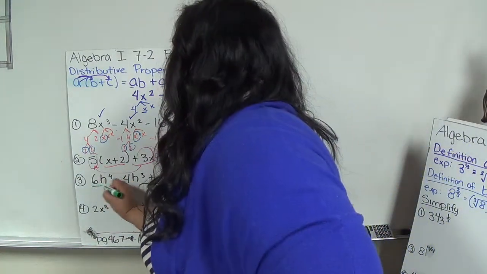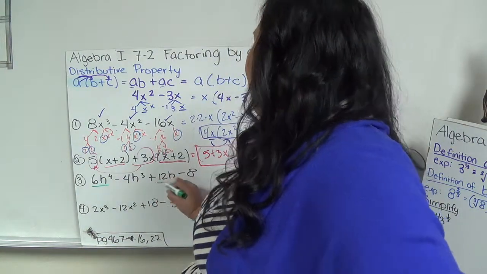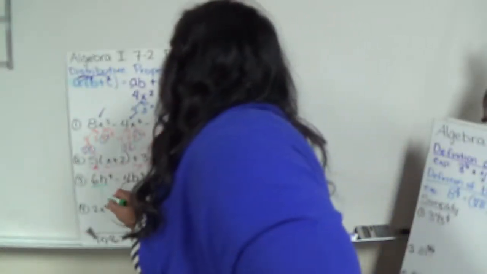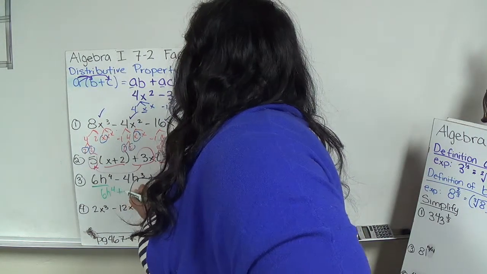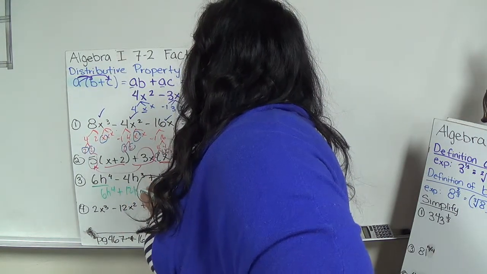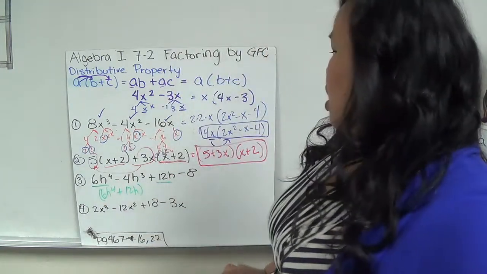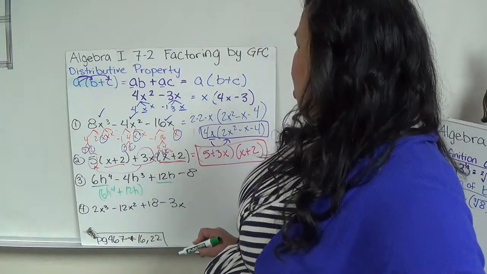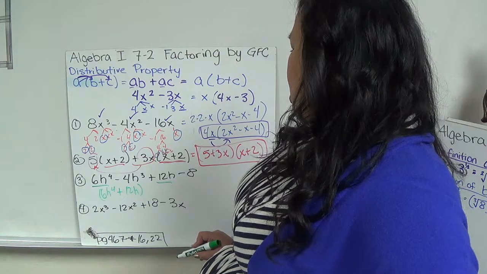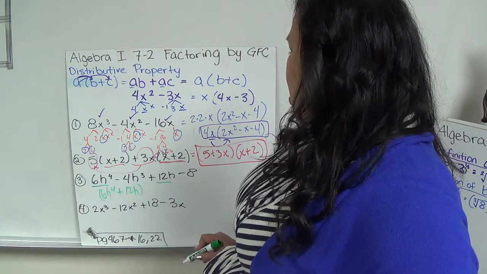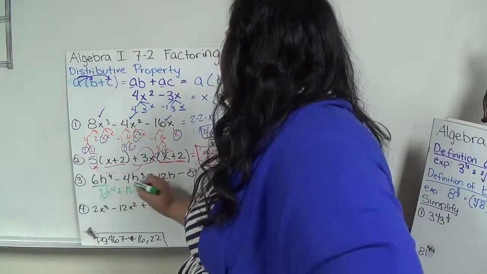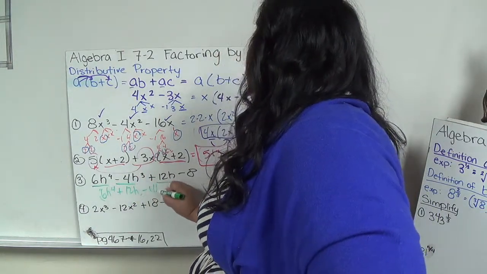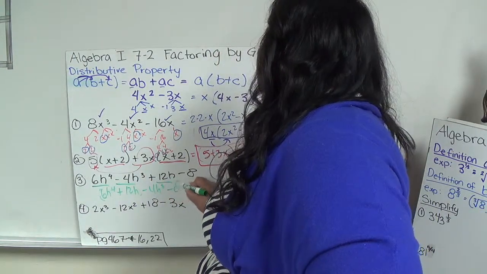So, for example, from 6h to the 4 and 12h, I can take out a 6h to the 4 plus 12h. And then I can also group negative 4h cubed minus 8.